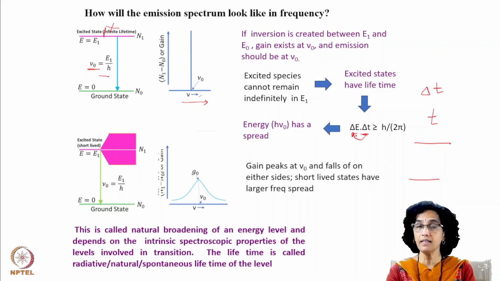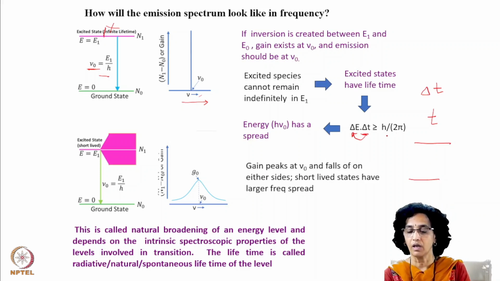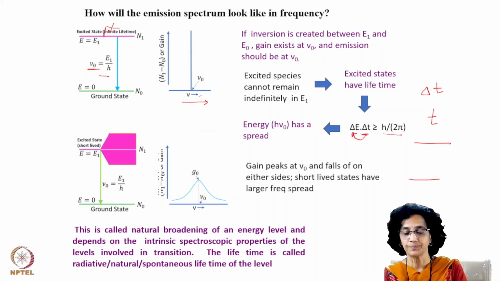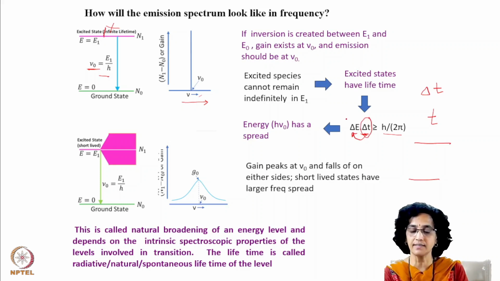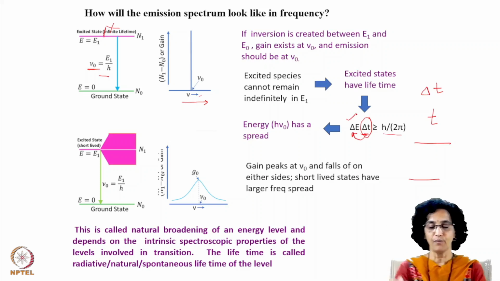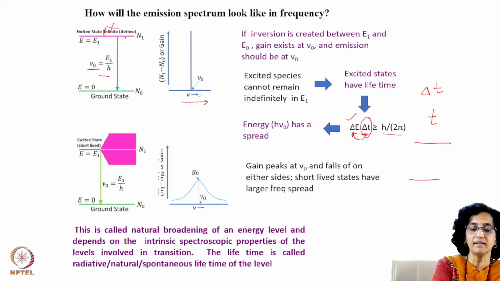Delta E delta T is always greater than or equal to h by 2 pi. So we know that there is an uncertainty in delta T. So there has to be a corresponding uncertainty in energy also, which means that our excited level is not a discrete level like this, but actually it is spread.